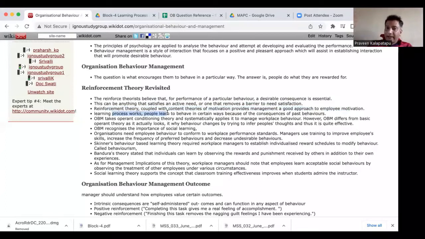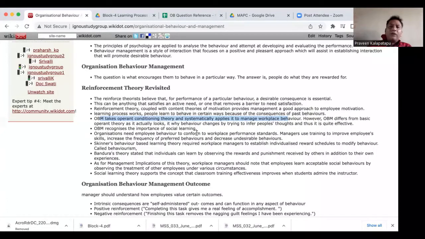Again, we talked about the learning process, right? People learn to behave in certain ways because of the consequences of past behaviors. They learn things based on whatever they have observed in the past. OBM takes operant conditioning theory and systematically applies it to manage workplace behavior. OBM is talking about stimulus and response, but one big difference is that OBM is not talking about just stimulus and response.